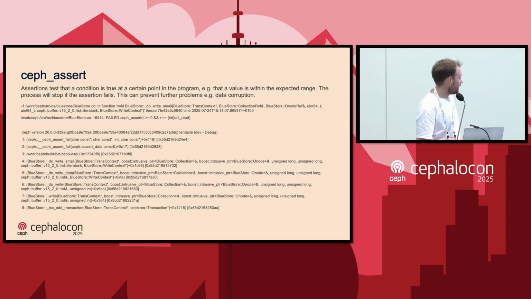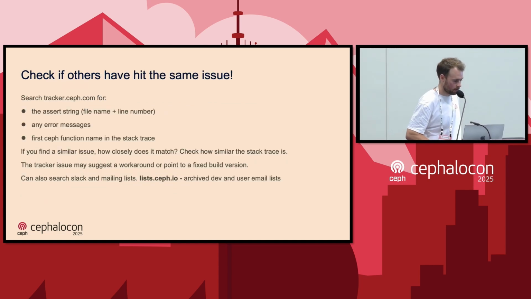Looking at this, I can see we're in BlueStore, trying to do a small write, and then we hit the assert line. When we hit the assert, we print out the file that the function was in and the line number. That's useful because I can go and look in the source code and try and gather more context about what was happening. That line doesn't really mean too much to me, but I can look at the code and gather some more context.